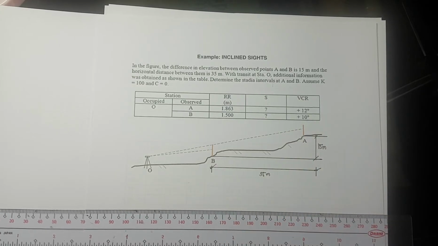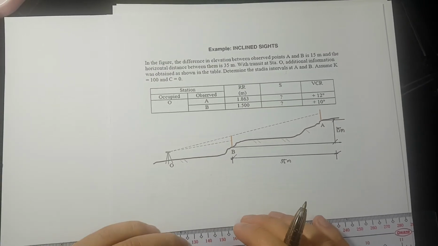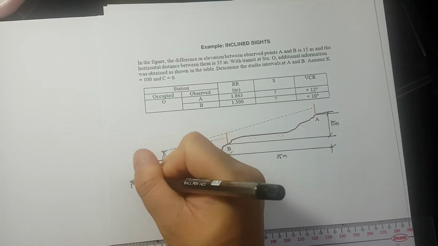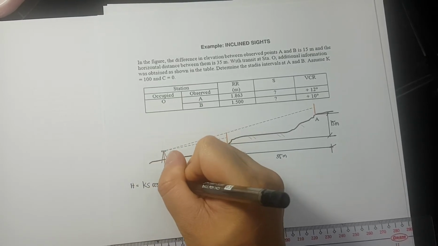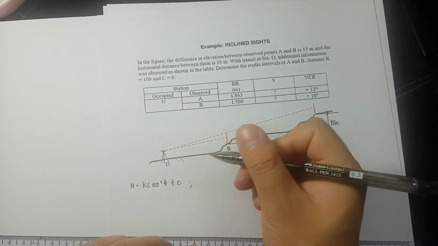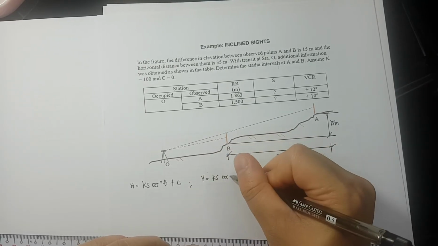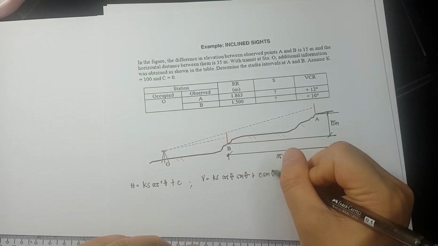Okay, so what are the working equations that we can use for this problem? Isn't it that for the inclined we were given the equation, H, or the horizontal, is equivalent to Ks cosine squared theta plus C. And for the vertical, we have Ks cosine theta sine theta plus C sine theta.